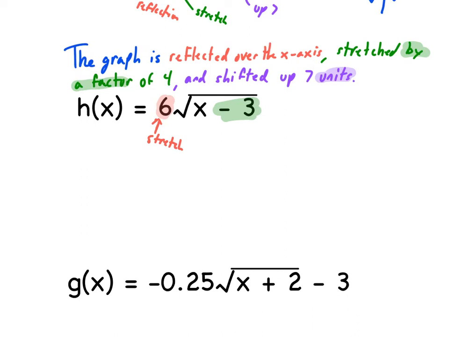And then we've got something on the inside under the radical, so that's left to right. We don't trust it. It says minus. It's actually going to be right 3. So again, the function or the graph is, was, will be, and then we say stretched by a factor of 6.